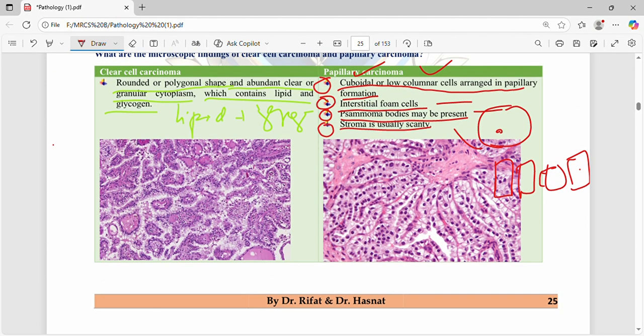You can see the same here: cuboidal or low columnar cells and psammoma bodies. Psammoma bodies are deposits of calcium. Interstitial foam cells are present as well, and the stroma is usually scanty.